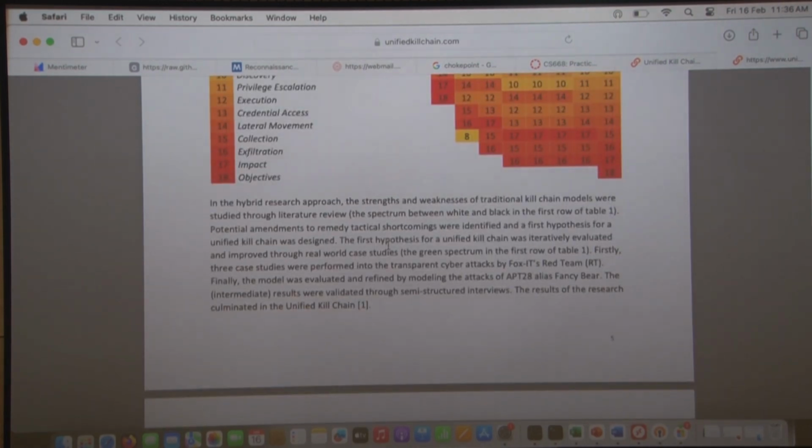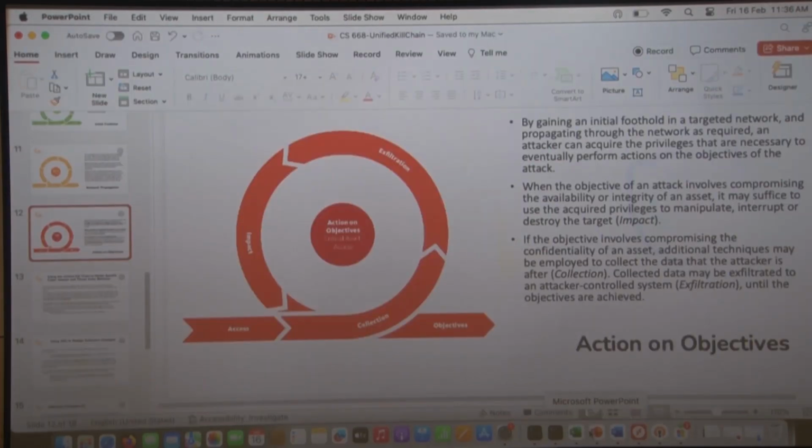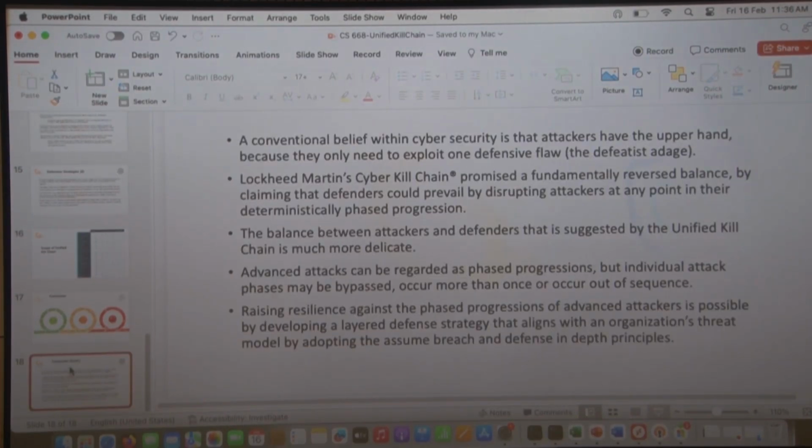Okay. Organization threat model. Do we learn how to threat model an organization in this course?